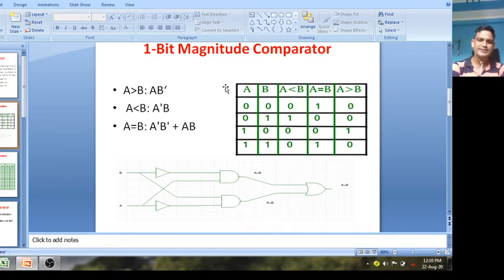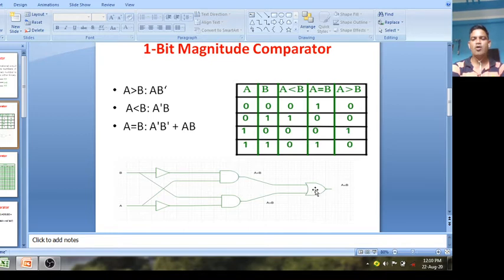Now from these expressions you can analyze. If I add these two expressions, a b dash plus a dash b, this is the expression of the XOR gate. And you know, if we apply a NOT gate to the XOR gate, it becomes the XNOR gate. So why am I using a NOR gate?